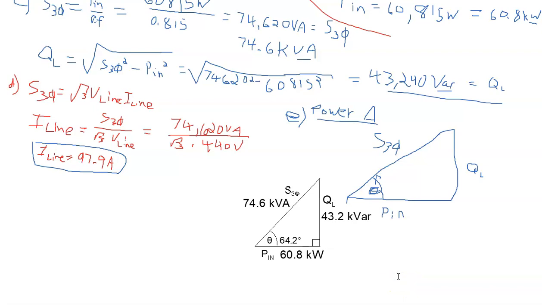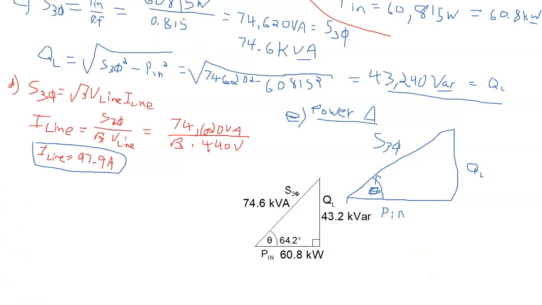And so you notice that I'm using 60.8 kilowatts, QL at 43.2 kVAR, and S3 phase at 74.6 kVA. And I've calculated theta and put it in there as well. And you should always include theta as part of your calculation.